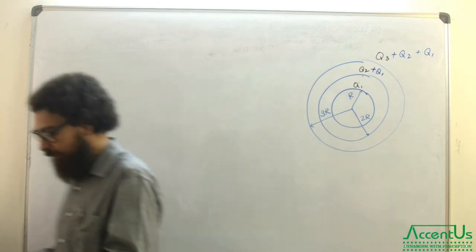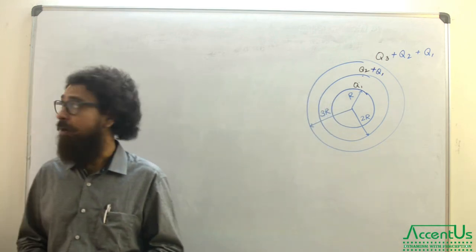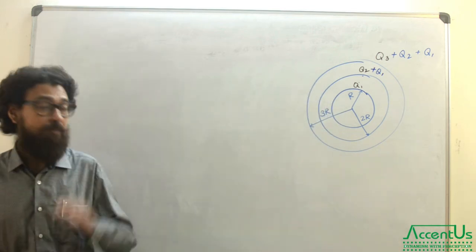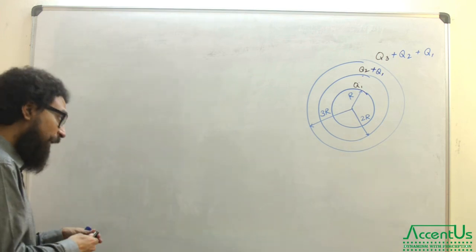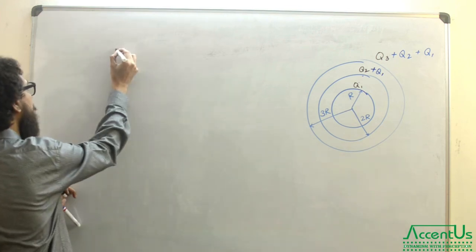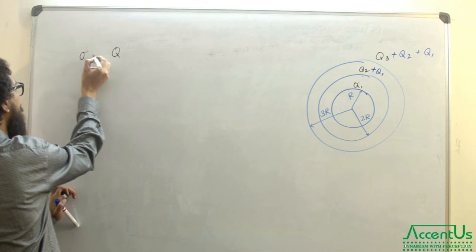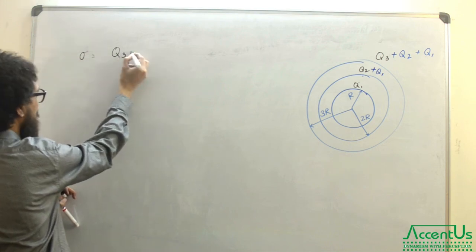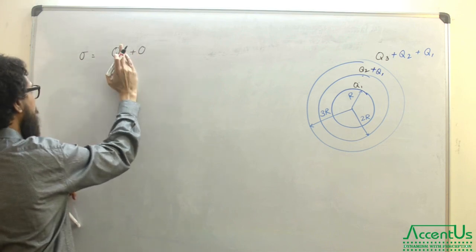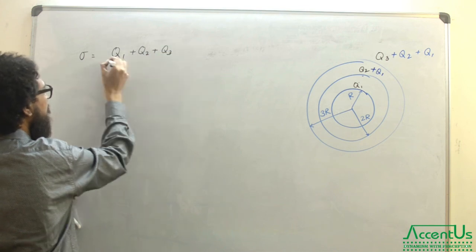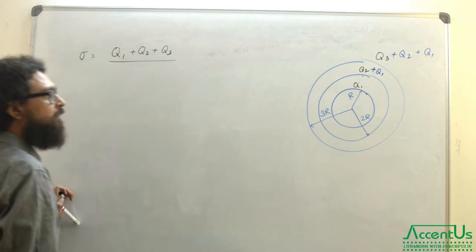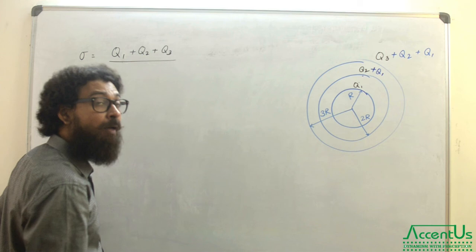Anyways, now is the time to solve the problem. And how to solve? Surface charge densities are equal. Great. So I can write sigma is equal to, for the outer one, the last one, Q1, Q2, Q3, total charge by surface area.